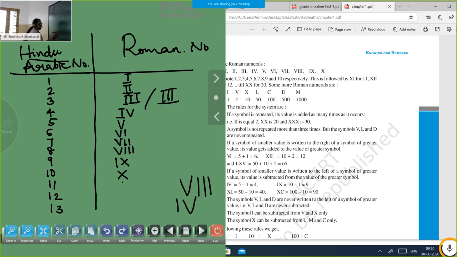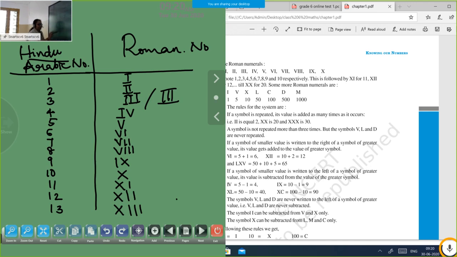Then 11 is XI. 12 is XII. Next 13 is XIII. See children, this is how we write the Roman numbers. For subtracting, you put it on the left side. 9 means X is 10, so putting I to the left of X represents 9.